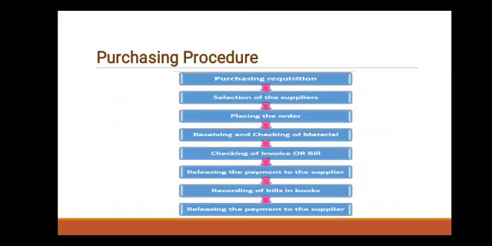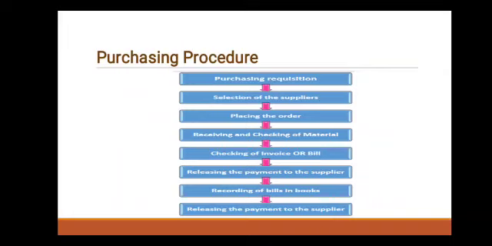Next point, purchasing procedures. The purchasing procedure means the sequence of steps in which a purchase transaction is carried through. The purchasing procedure starts when it is felt that further supply of an item is required. The purchasing procedure generally involves the following stages.